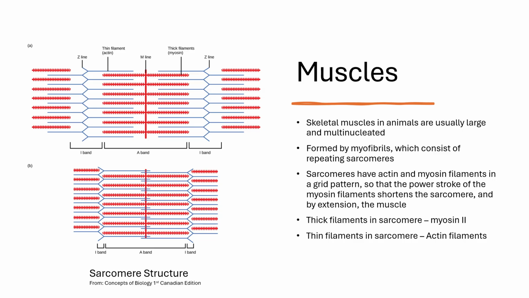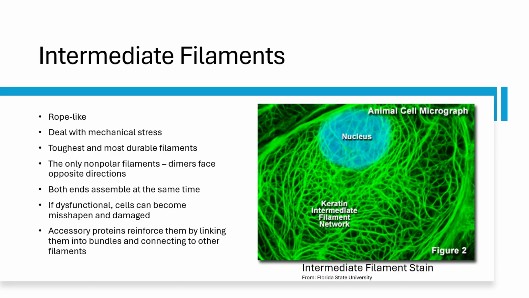ATP provides the energy necessary to undergo that power stroke, and without additional ATP, the myosin can't unbind, which, because of conditions affiliated with death, leads to rigor mortis after death, because there's no ATP stopping the muscles from contracting and stopping that binding of myosin in the muscles.